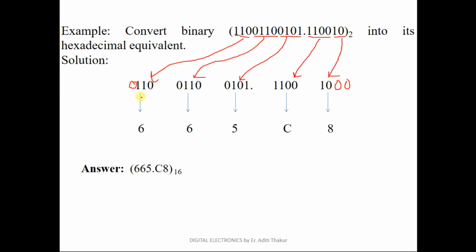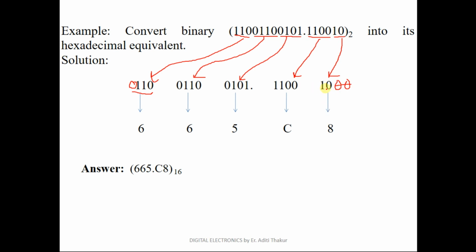So now we can write the hex equivalent for each of these binary groups. 0110 corresponds to 6, 0110 again corresponds to 6, 0101 corresponds to 5, 1100 corresponds to C, and 1000 corresponds to 8. If you do not add this 0, your answer will be wrong.